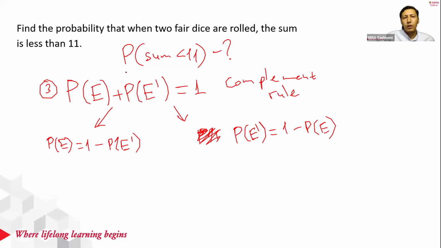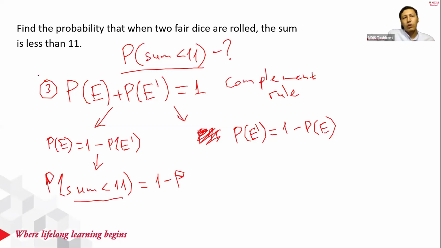So here, instead of finding sum less than 11, we can use this formula. So it's equal to 1 minus the complement of E, which means the opposite. So the event is sum is less than 11, right? The opposite will be sum is not less than 11.